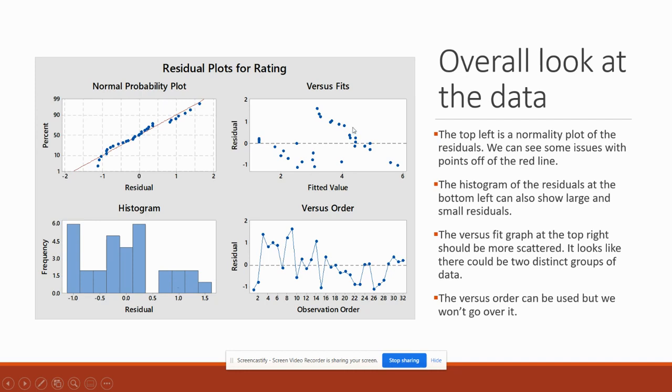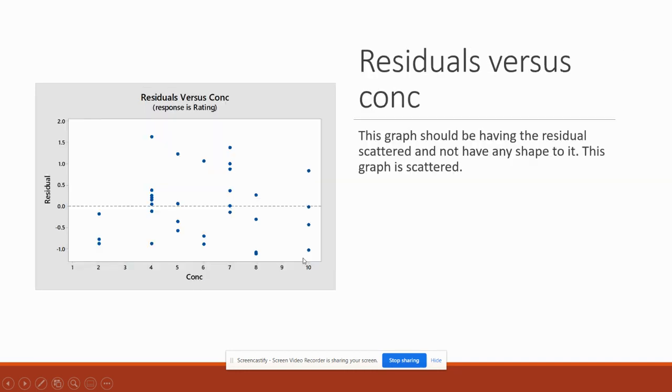Okay. The versus fit graph at the top, this needs to be more scattered, and it's looking like there's 2 very defined groups going on here, where it needs to be very randomized, okay? And the versus order can be used, but we're not going to go over it, so don't worry about that, okay?